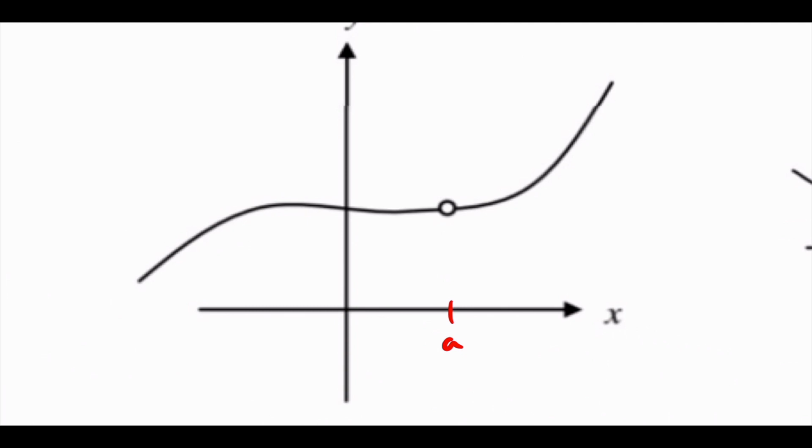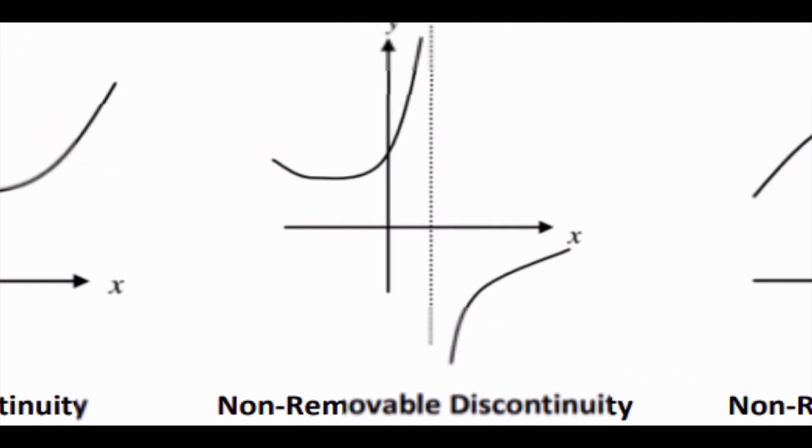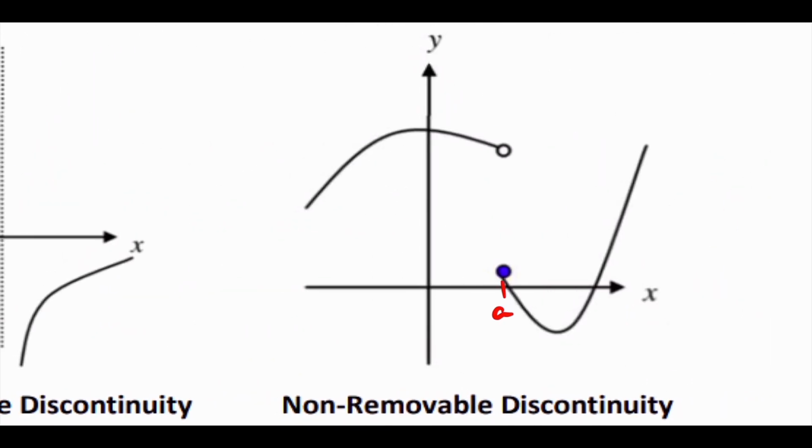When I plug it in, it's got to have there, right? That's why these guys don't fulfill that, right? This one doesn't even have a limit at A. The limit doesn't exist. So this limit from the left, this limit from the right, they don't equal the same number. Okay, so the limit has to equal the answer. That's how we know there's discontinuity. Okay?